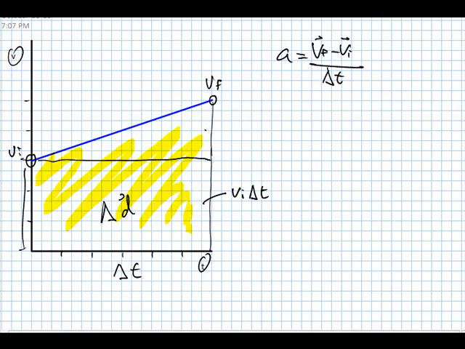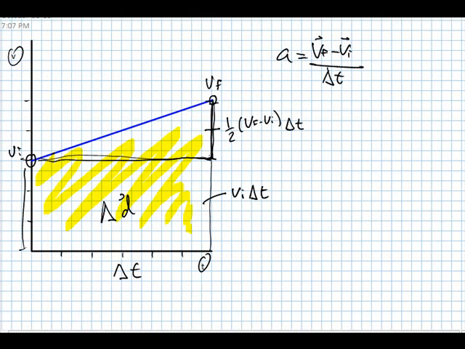The area of the triangle is going to be half of vf minus vi, because that's the difference between vf and vi, times delta t, which is again across here.